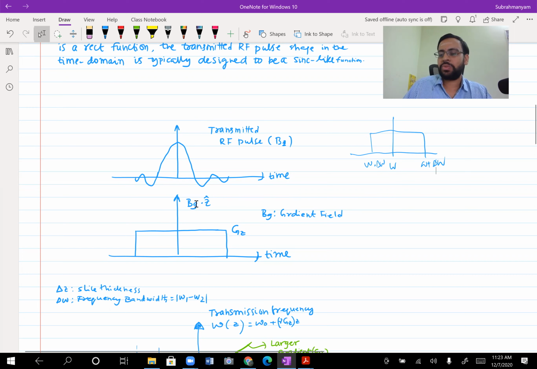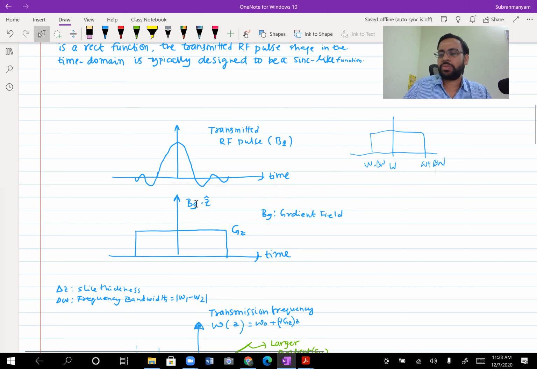This will become clearer as we move on further. So the transmitted RF pulse, to be more precise the envelope of the transmitted RF pulse, which we were referring to as the B1 field, would look something like this.